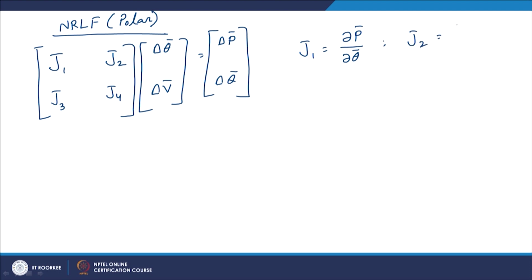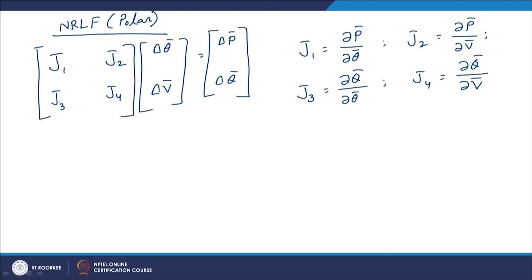J2 is del P by del V. J3 is del Q by del theta, and J4 is del Q by del V. First let us look at these 2 off diagonal submatrices, if we think of this big matrix J constituting 4 components J1, J2, J3, J4. So, first let us look at J2 and J3.